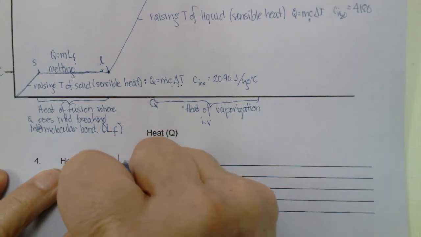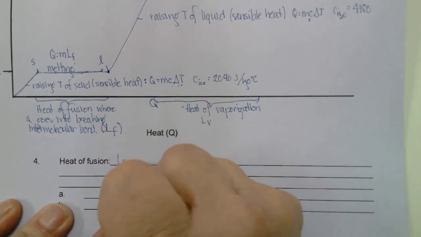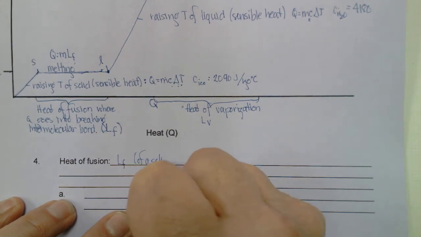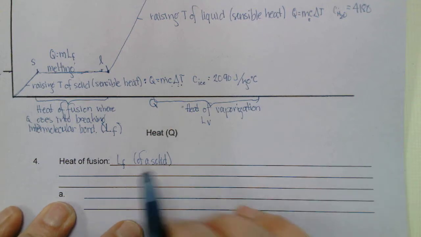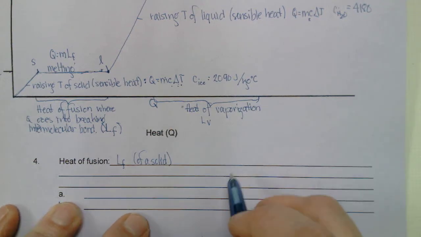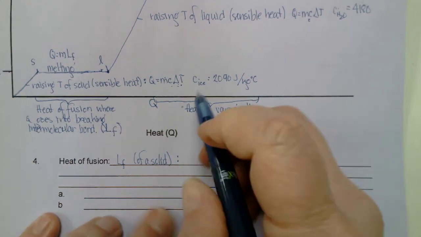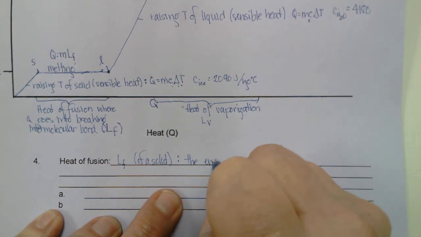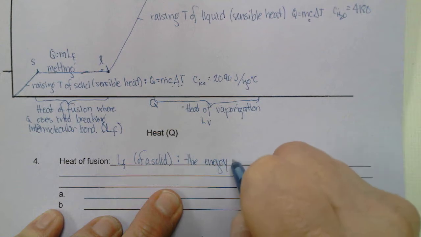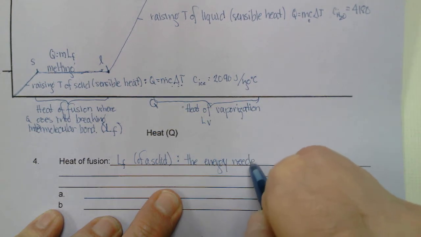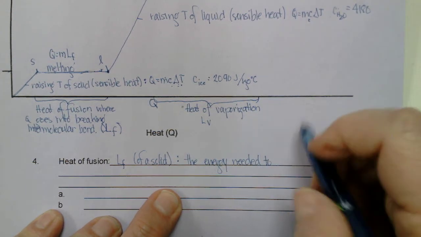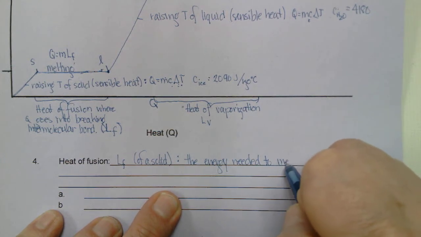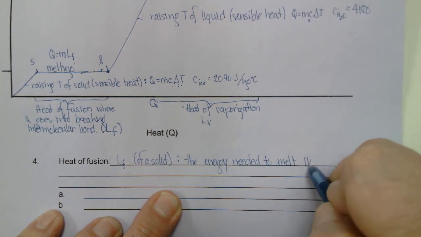Heat of fusion, L sub F, of a solid, because heat of fusion is where you go to or from a solid and a liquid, is defined. So the heat of fusion is the energy needed to melt 1 kilogram.